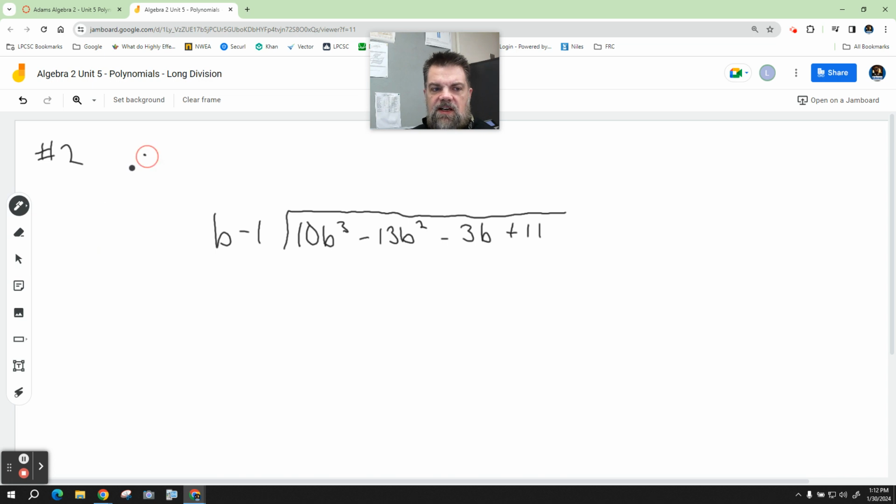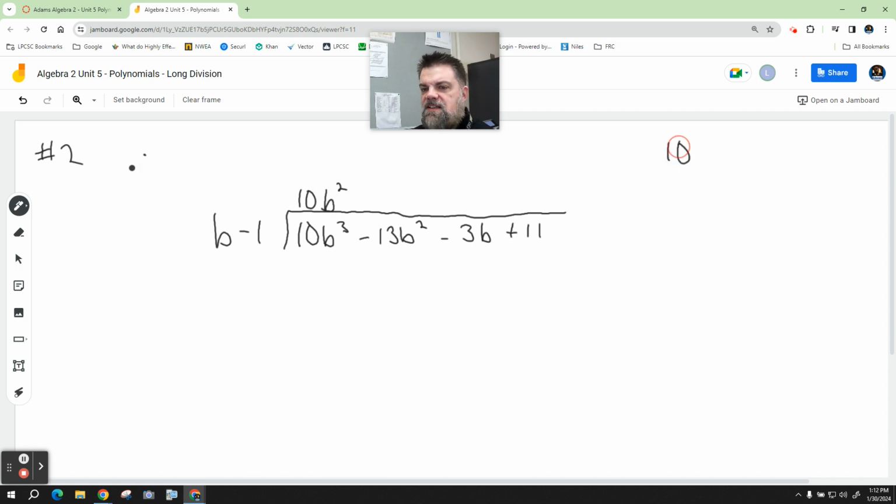So again, I'm going to think to myself, what do I multiply b by to get 10b cubed? Well, I'm going to multiply 10b squared by that, right?